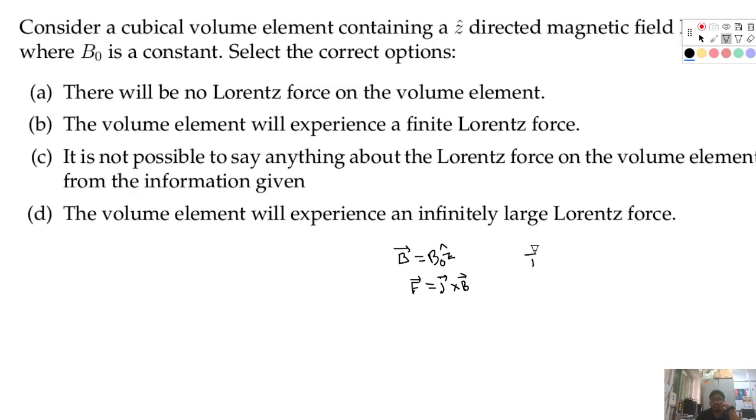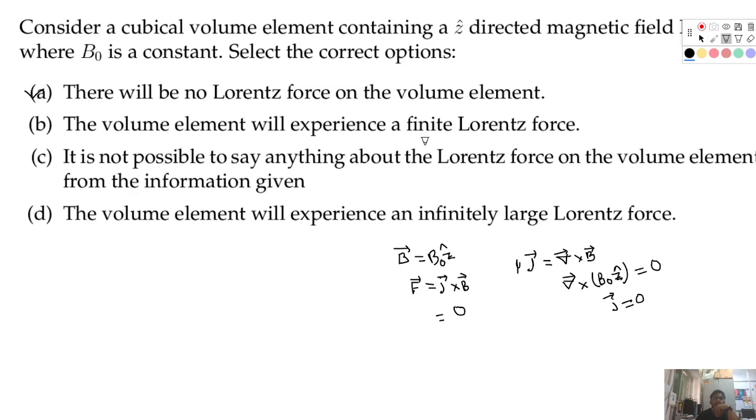Now J is defined by mu J equals curl of B. So if you have B naught Z cap, J should be the curl of B naught Z cap, right? Now B naught being a constant, this one should be 0. So your current J is 0. So if J is 0, then J cross B will eventually be 0. So there will be no Lorentz force on the volume element, okay?